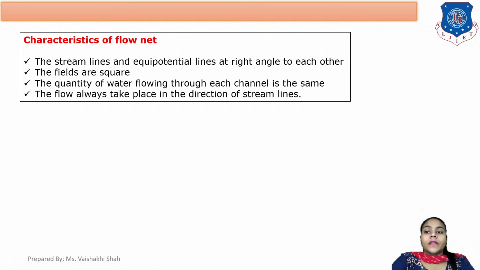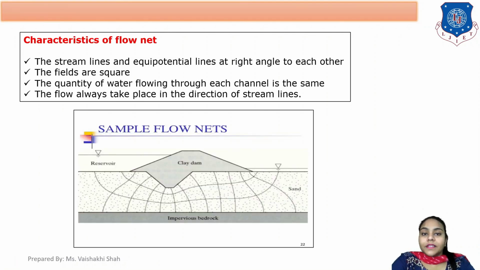Now, there are some characteristics of flow net. There are two kinds of lines, streamlines and equipotential lines. Both meet at right angles to each other. Streamline and equipotential line must be at right angles to each other. The fields are square. The quantity of water flowing through each channel must be the same.